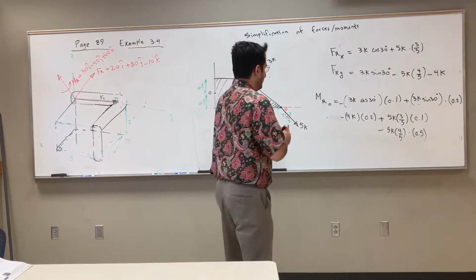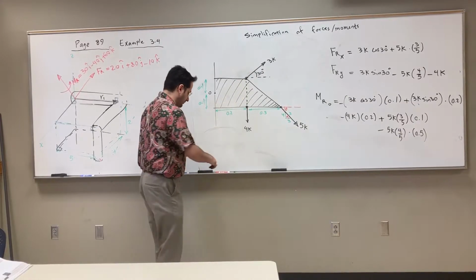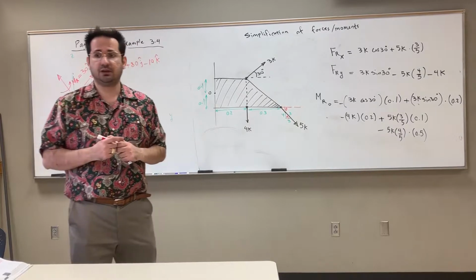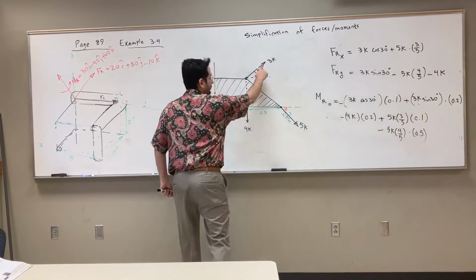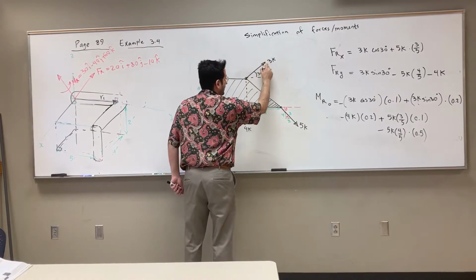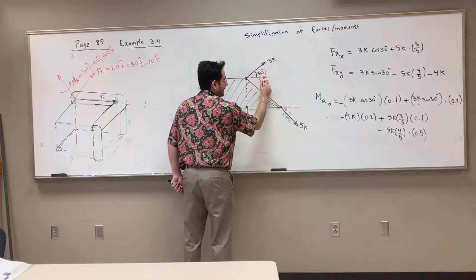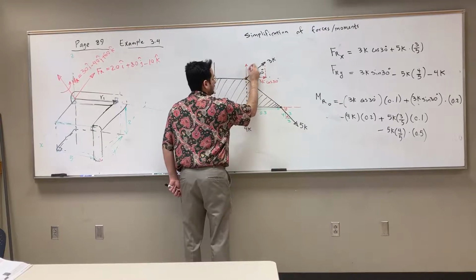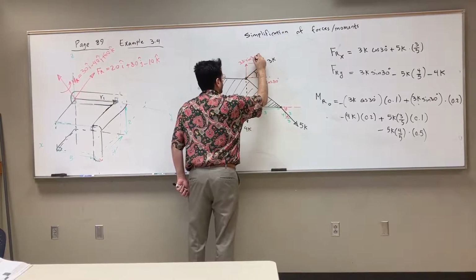So what happened here? What was the method we used to find the resultant moment? The fast method of moving force. The first step was to break it down, or decompose. So let's decompose this. This component is 3k cosine 30, and this component is 3k sine 30.